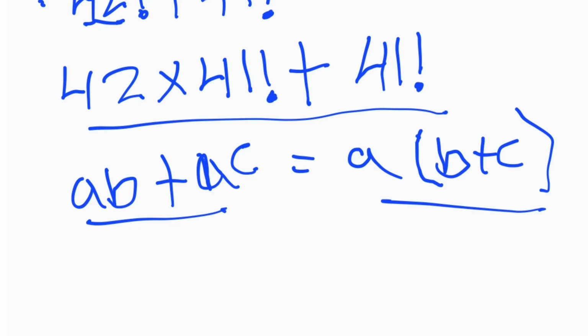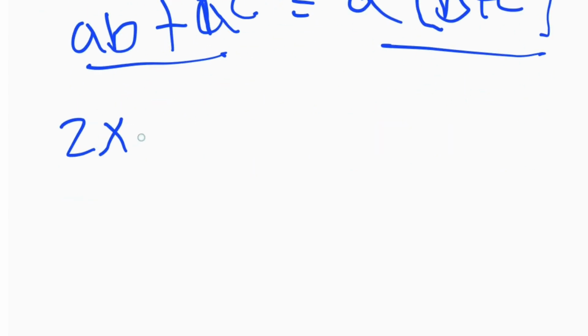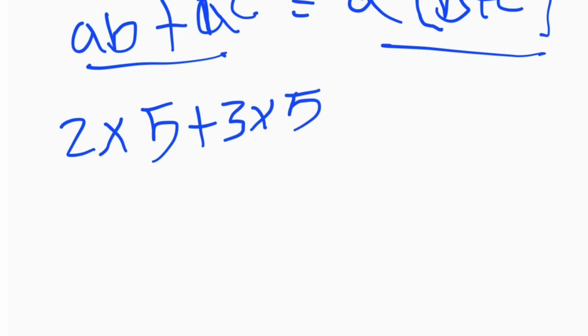Let's verify this equation with numbers. Let's say 2 times 5 plus 3 times 5. We have a similar number here, 5, right? So we can just multiply 5 by the sum of 3 and 2.